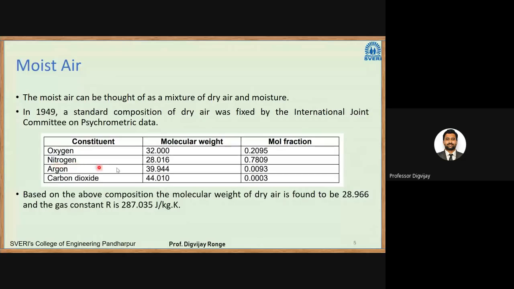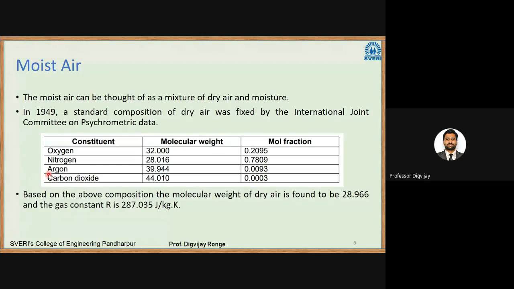Its molecular weight is 28, and the mole fraction here is 0.7809, that means near about 78%. 78 plus 21, the remaining 1%, will consist of other gases like helium, argon, xenon, radon, carbon dioxide, sulfur dioxide. All those gases will contribute only 1%.